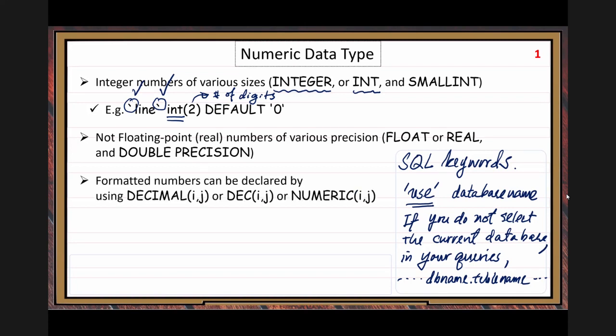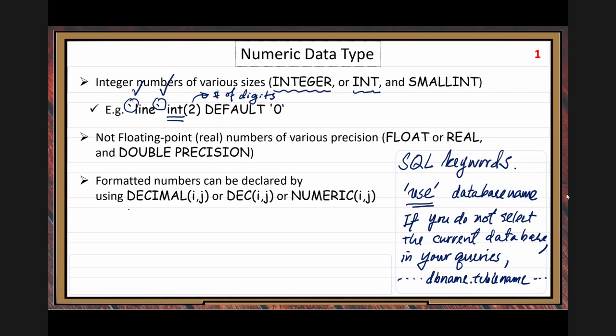Formatted numbers can be declared by using, because sometimes when you declare non-integer numerical values, single, double precision, you want to specify the precision information. So here, three ways you can use.